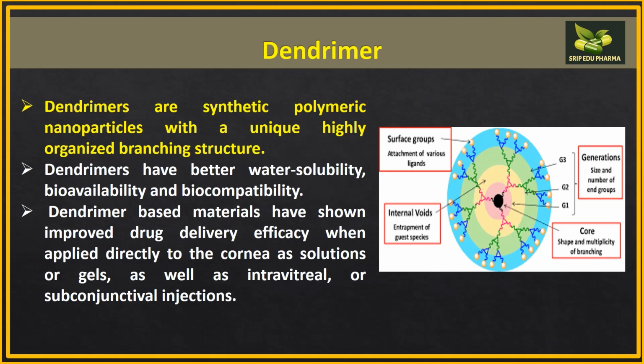These are the size and number of end groups. Now when we see dendrimers for ophthalmic purpose, these are known to show improved drug delivery efficacy when applied directly to the cornea as solutions or gels, as well as intravitreal or subconjunctival injections. So here we can see that dendrimers are successfully used for ophthalmic preparations, and are also successfully used by different other routes, and they have better water solubility, bioavailability, and biocompatibility.